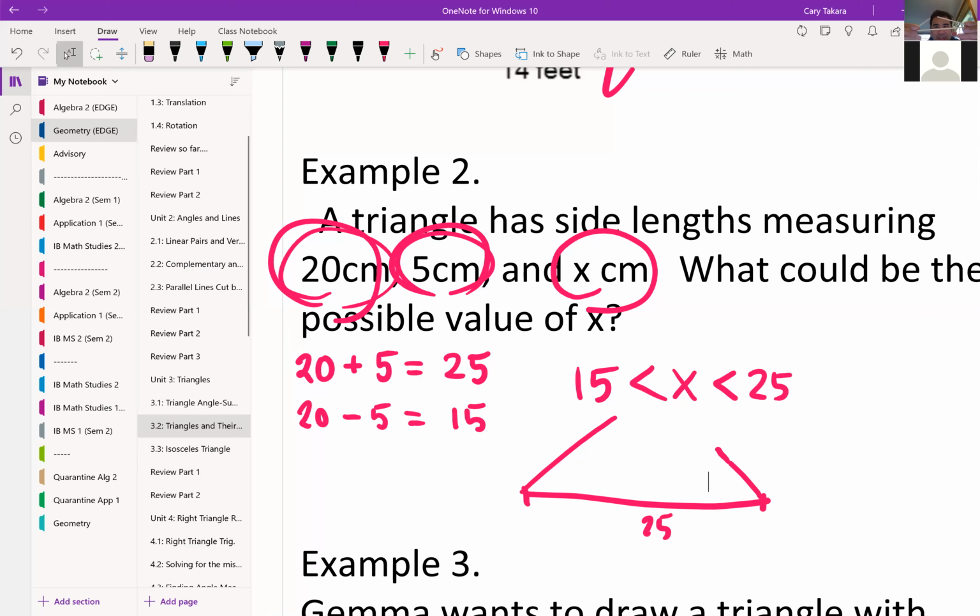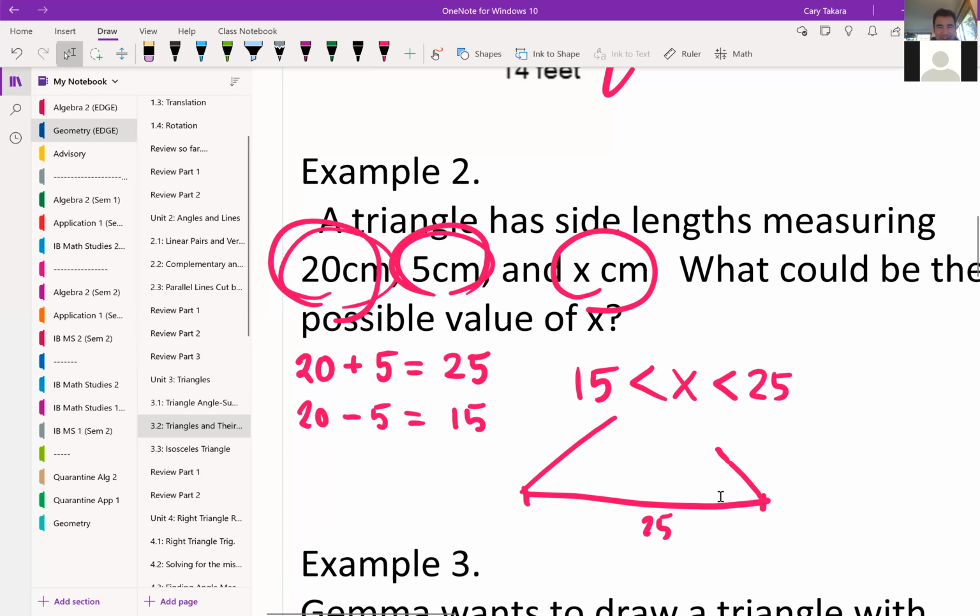If I try to make it connect, it will connect because 20 plus 5 is 25. But as soon as I get connected, it basically collapses and becomes flat. It's no longer a triangle, is it? So in order for it to be a triangle, the two sides need to be longer than the third side, right? That's what the inequality theorem says. So the sum has to be bigger than 25, okay? Does that make sense?